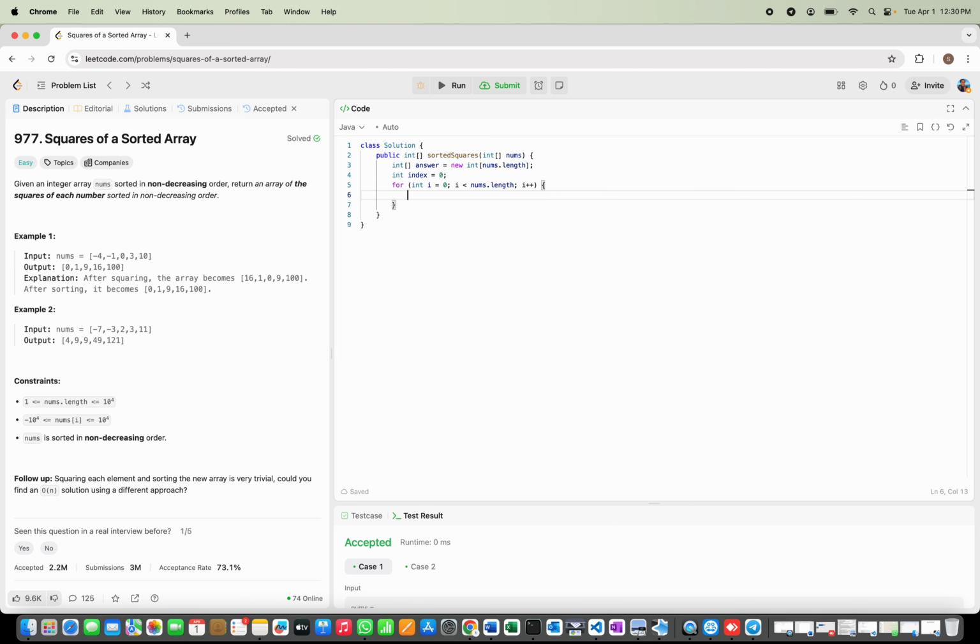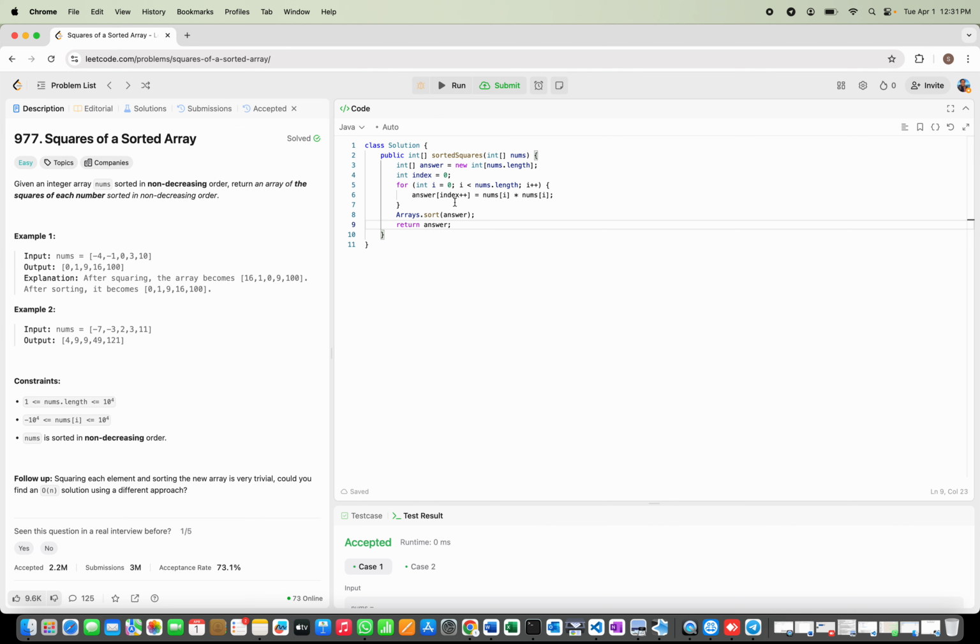We're doing answer index plus plus is nums i times nums i, and then Arrays dot sort answer, return answer, right?